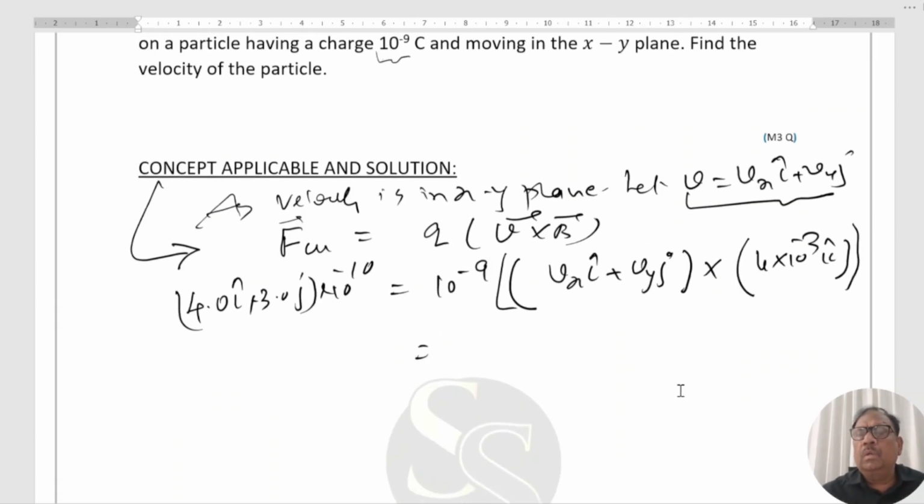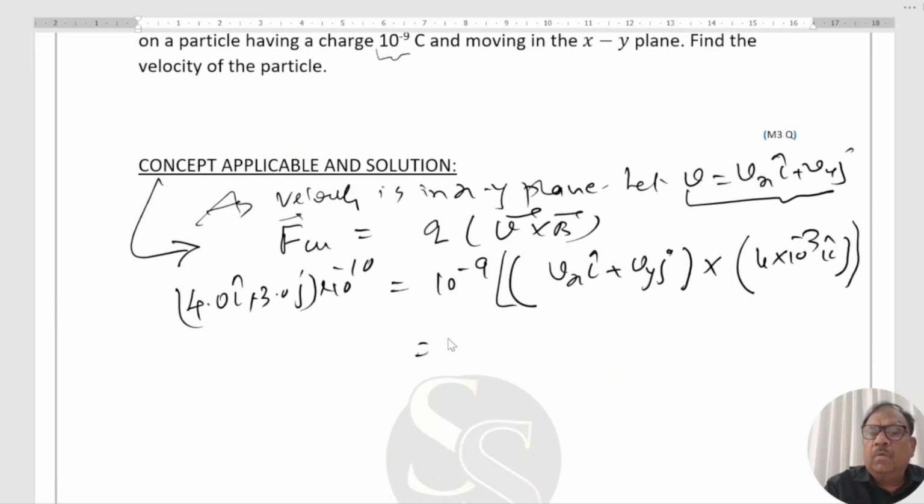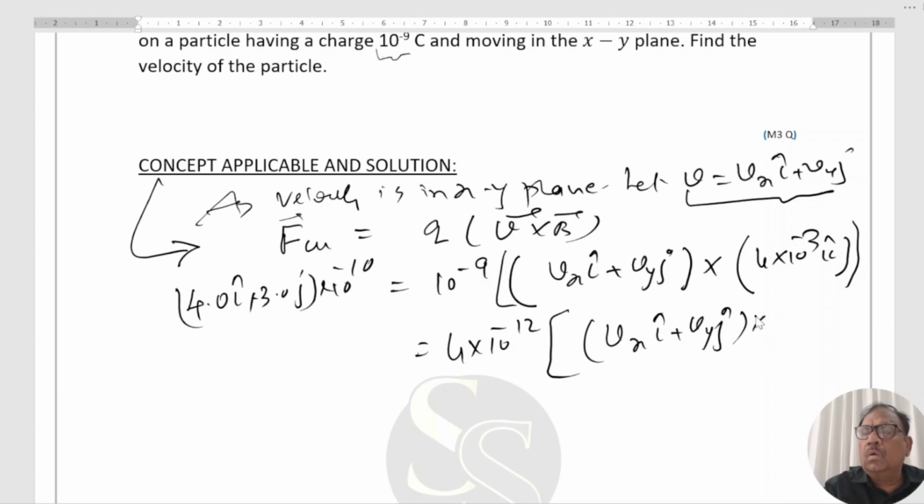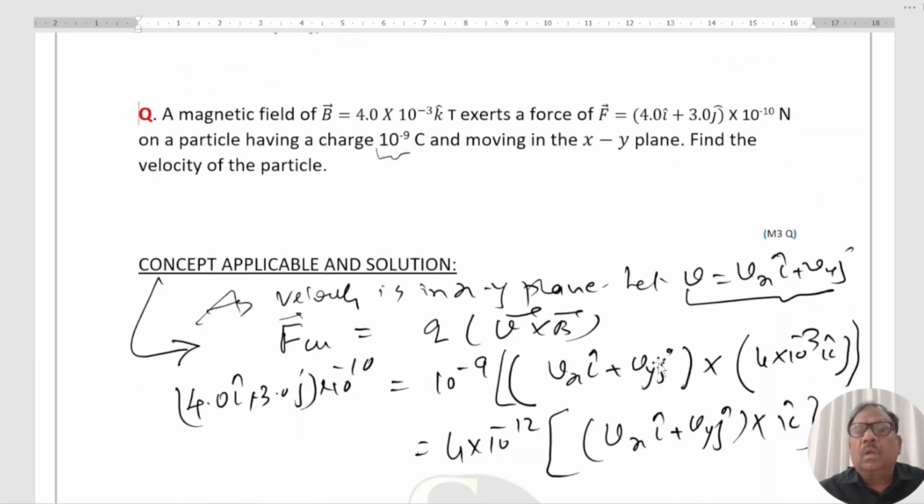Now, 4×10^-12 times (Vx i plus Vy j) cross k. This is the force.